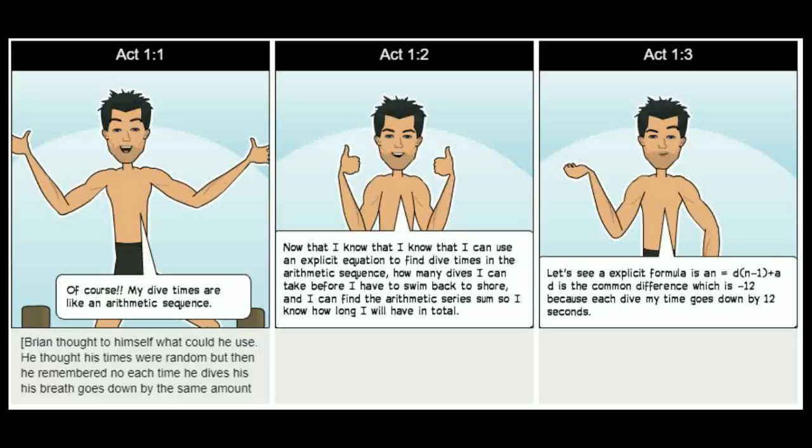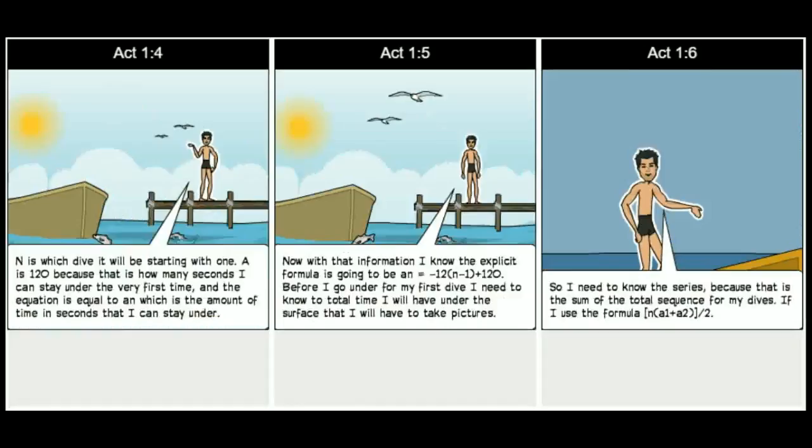Let's see, an explicit formula is a sub n equals d(n minus 1) plus a. d is the common difference, which is negative 12, because each dive my time goes down by 12 seconds. n is which dive I will be starting with one.